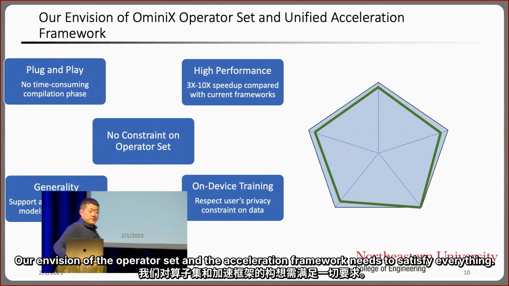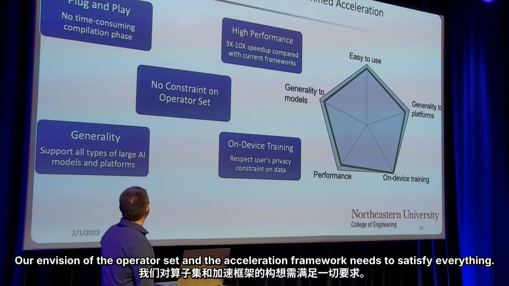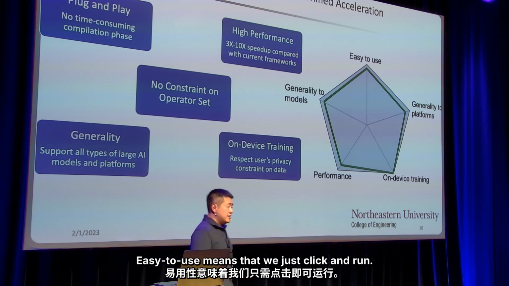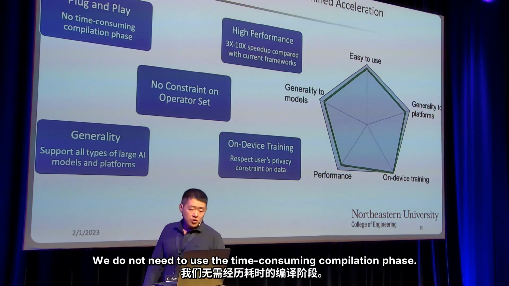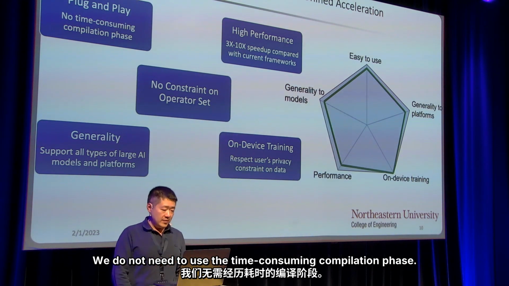Our vision of the operator set and the acceleration framework is that it needs to satisfy everything. We need to be plug and play, easy to use, meaning that we just click and run. We do not need the time-consuming compilation phase.